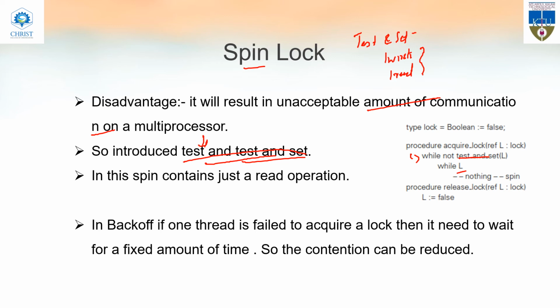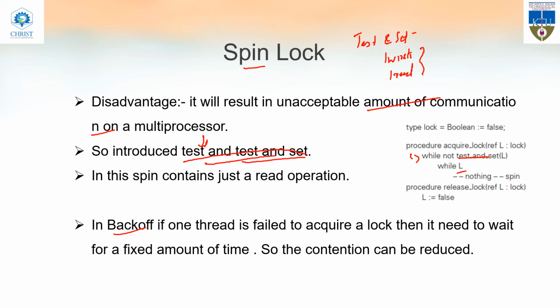Also, to reduce this contention, there is something called backoff. In backoff, if a process didn't get the resource, it will be asked to wait for a particular amount of time, so that it won't keep polling again and again from the next second.